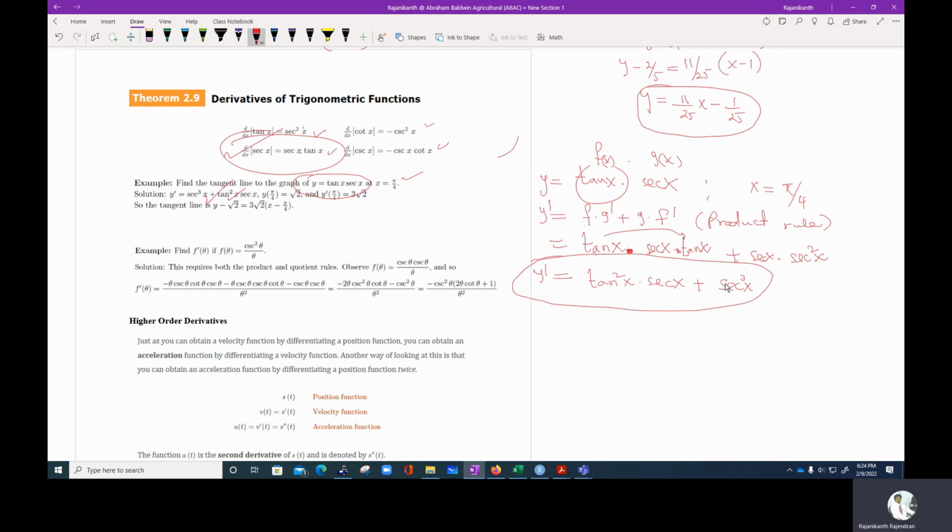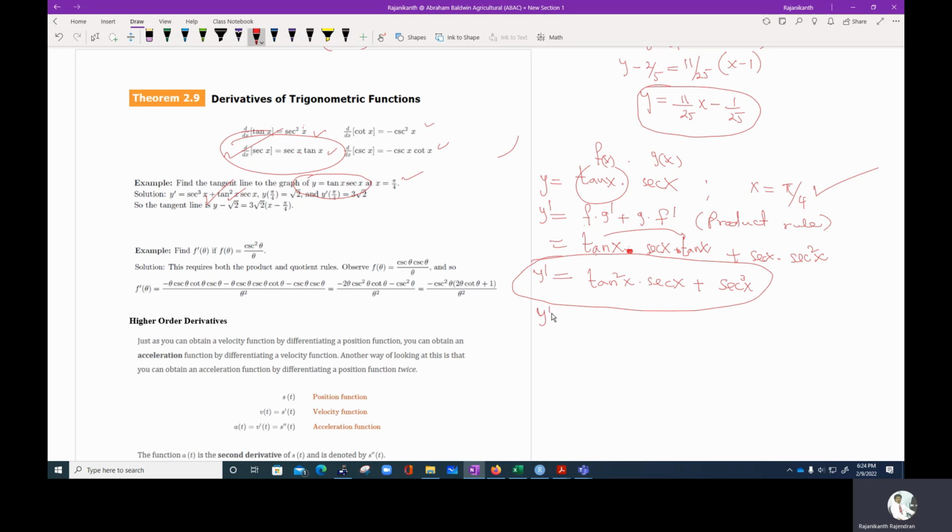That is simply the slope of the tangent line at any point x, but we are interested in the pi over 4 point, right? So you could plug in pi over 4 here to find the slope of the tangent line at x equals pi over 4.